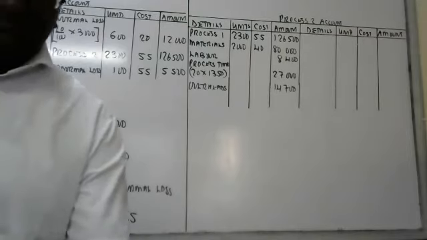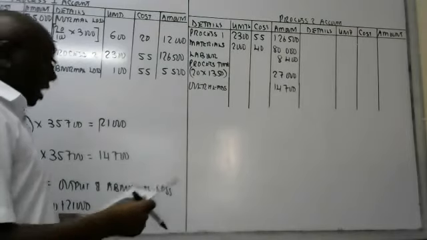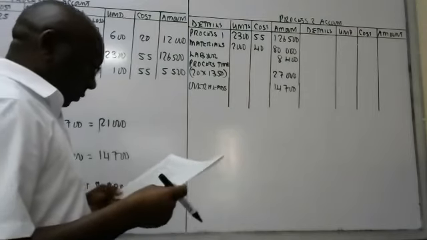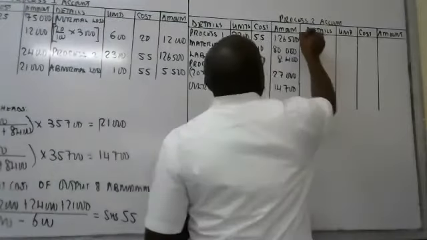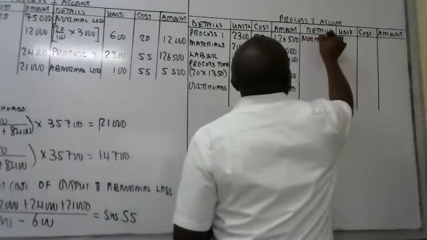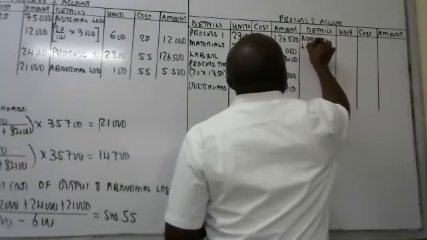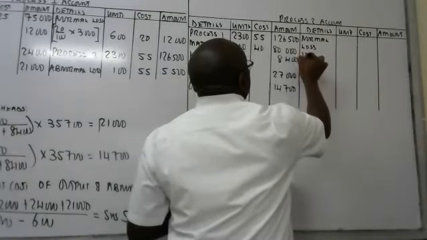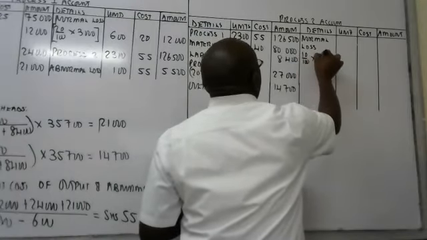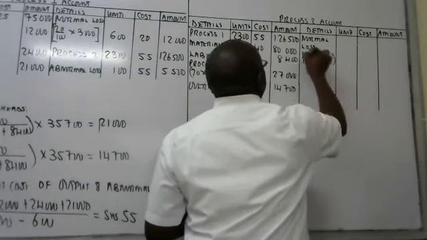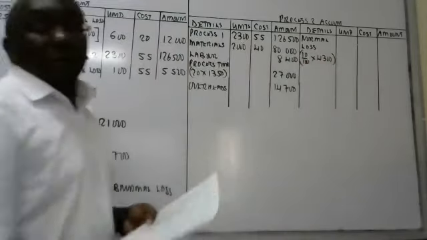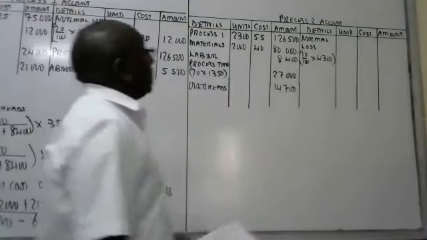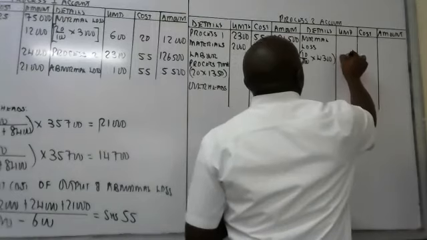Overheads. Then from there, we go to the normal loss. Normal loss is 10%. So it is 10% of 4,300. That gives us 430.